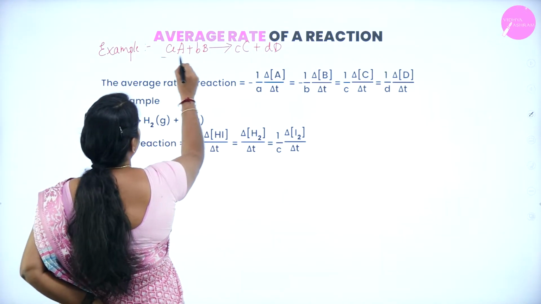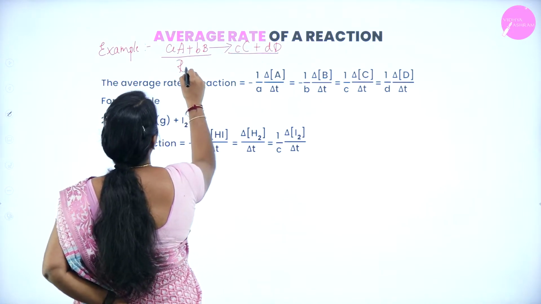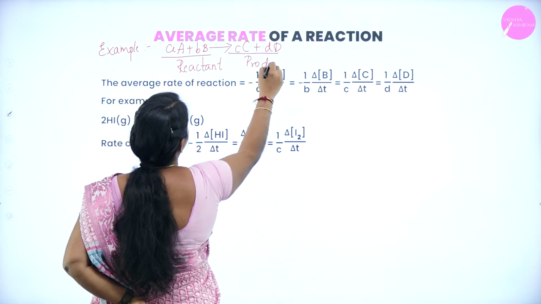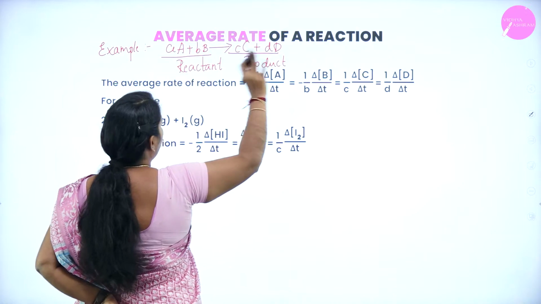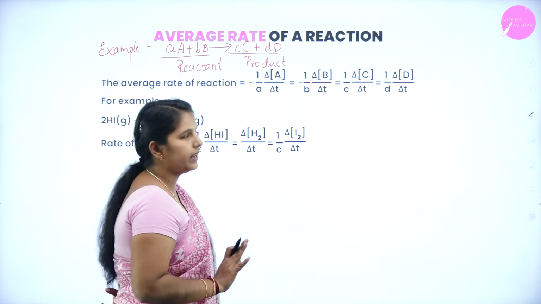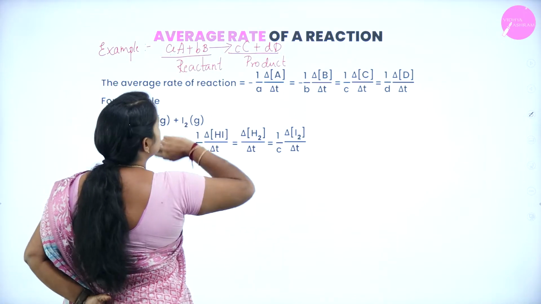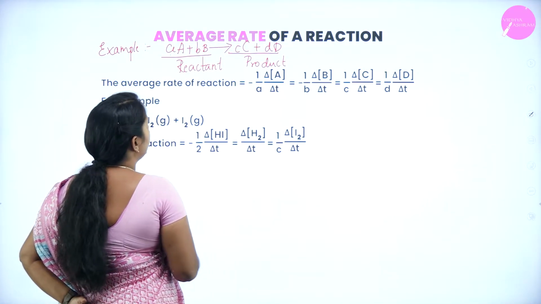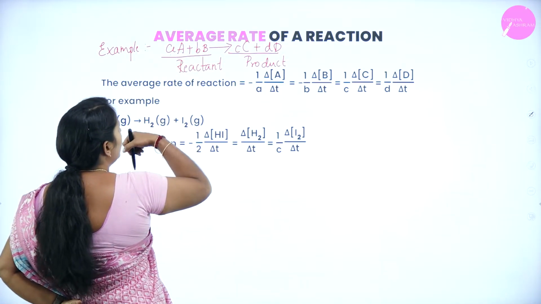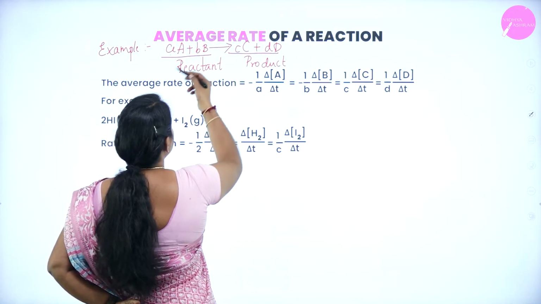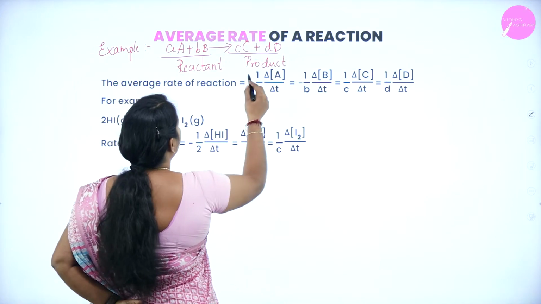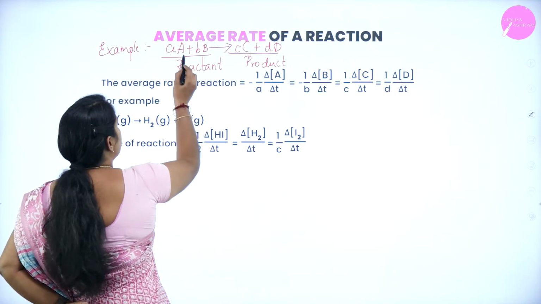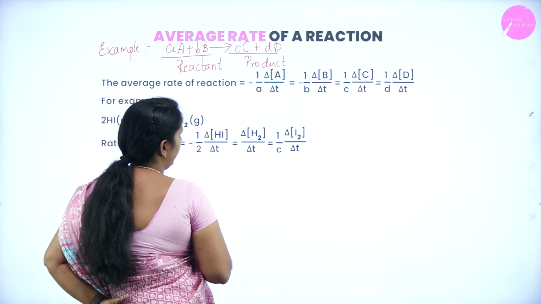We know that these two are the reactants and these two are the products. As time passes, the reactant concentration will start decreasing, and small a, small b, small c, small d are the stoichiometric coefficients. Then the average rate of reaction can be written as 1 divided by a, because this is a stoichiometric coefficient, and since we are talking about the reactant, it will be in the minus.